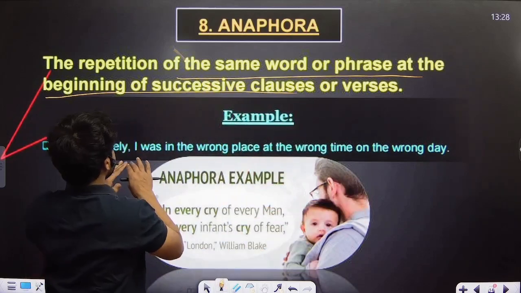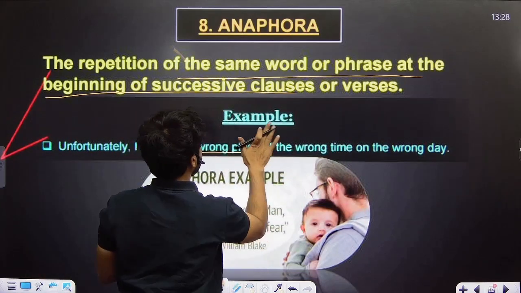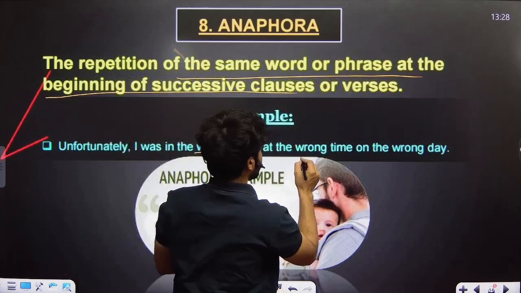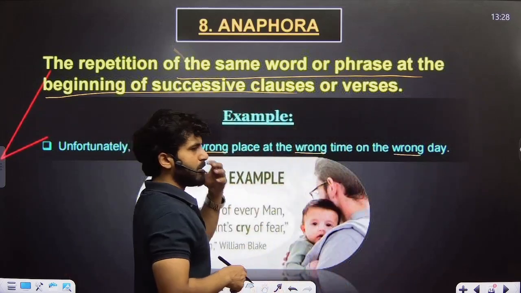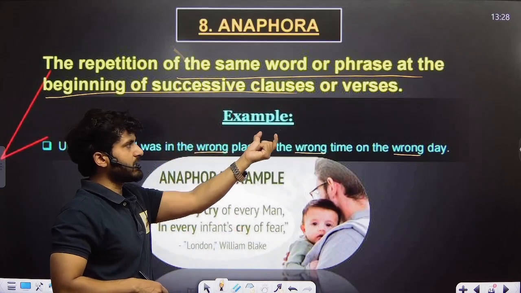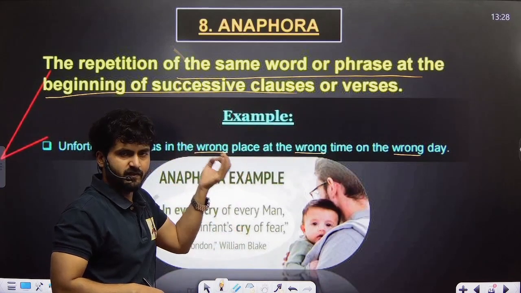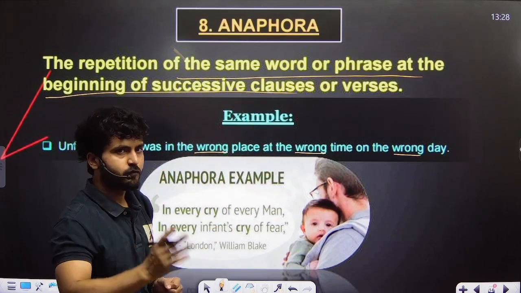So here among the phrases, the same type of word is being repeated at the starting of the phrases. So it is termed to be anaphora. Got it?